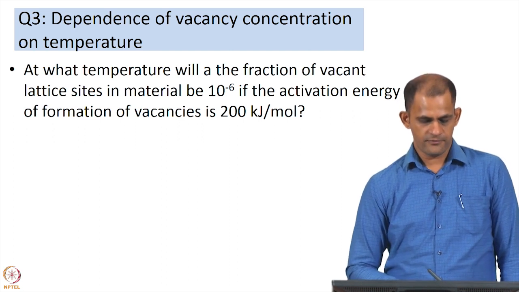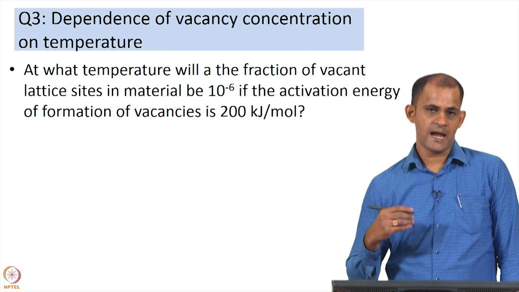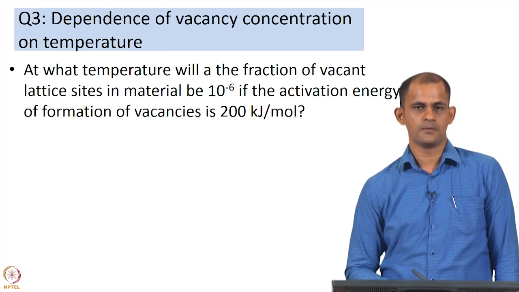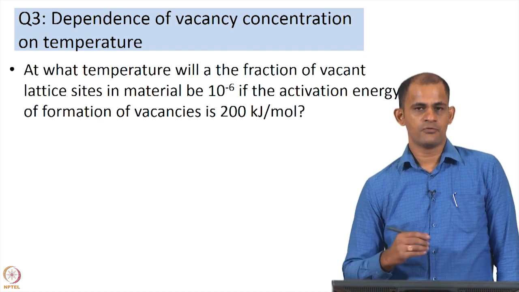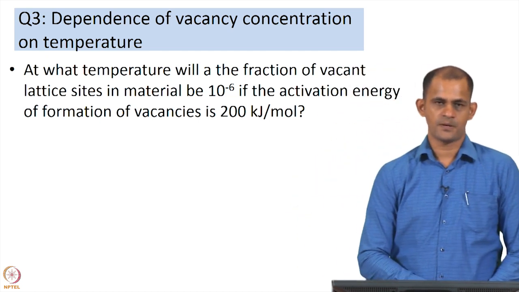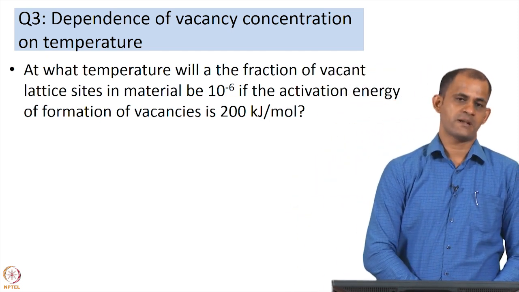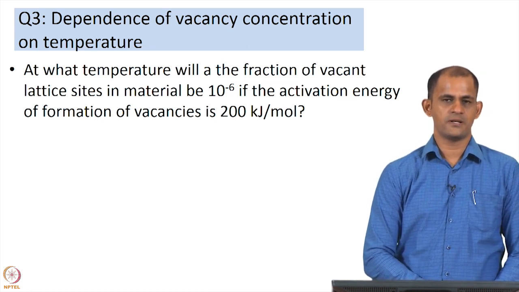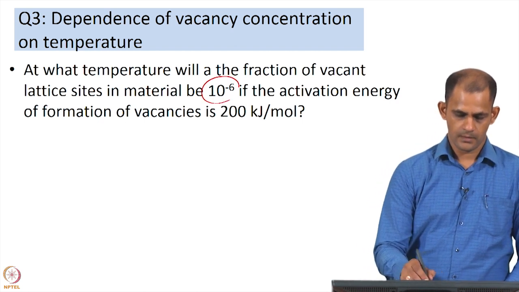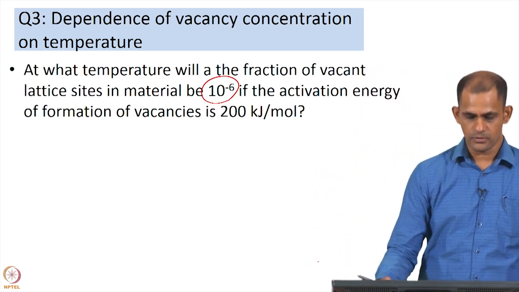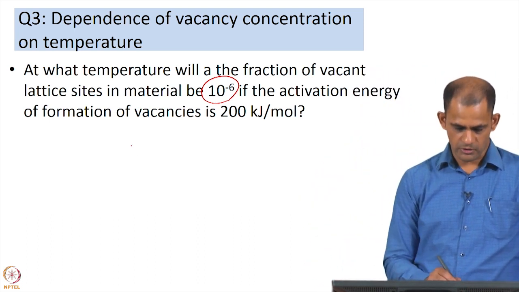If the activation energy for formation of vacancy for a material is 200 kilojoule per mole, and if you want the fraction of vacant lattice sites in the material to be 10 to the power minus 6, then at what temperature should you hold the material, or equilibrate the material, to achieve this fraction of vacancies. So, that is what the question is about.